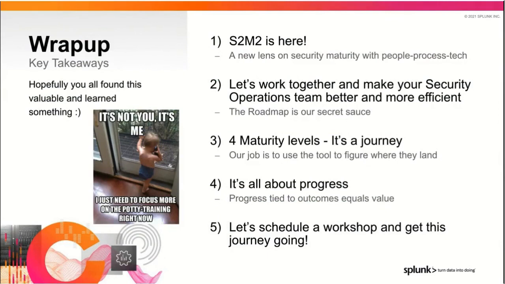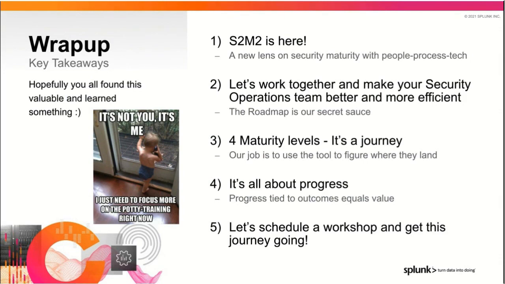So just to wrap things up, the big thing here is obviously S2M2, it's here, it's ready to go, and we want to, one, come in, help you figure out where you're at and where you want to get to, and then how are we going to actually operationalize those things. So let's work together and make your security operations team better and more efficient. The roadmap, again, that's our secret sauce.